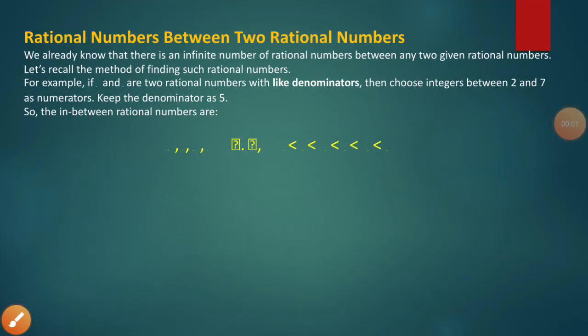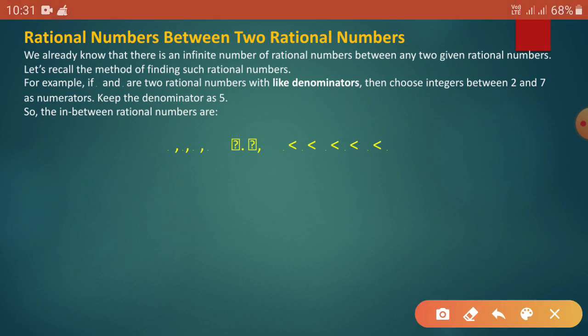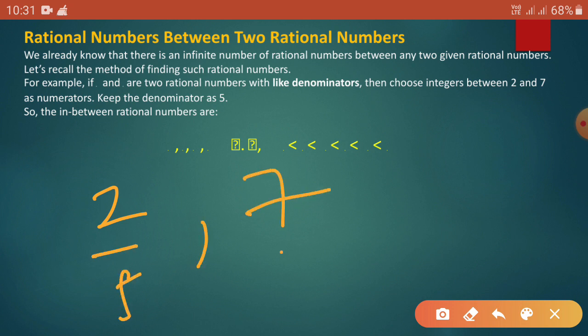Okay, now we are finding the rational numbers between two rational numbers with same denominators, or like denominators. So what do you mean by like denominators? Suppose I am taking 2 by 5 and 7 by 5. Both are rational numbers.